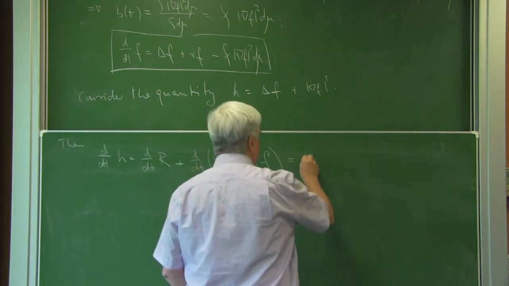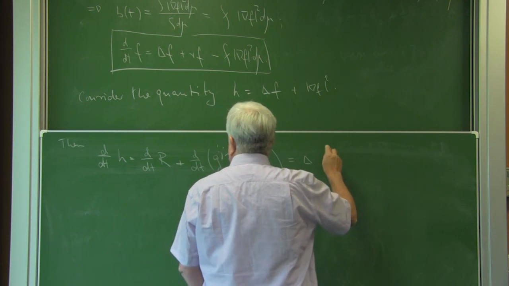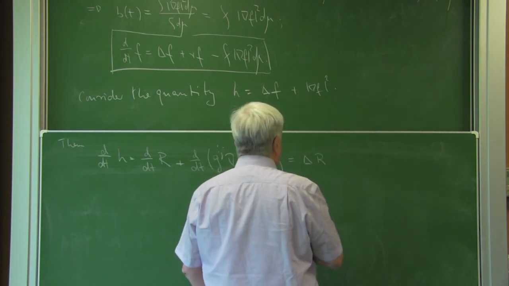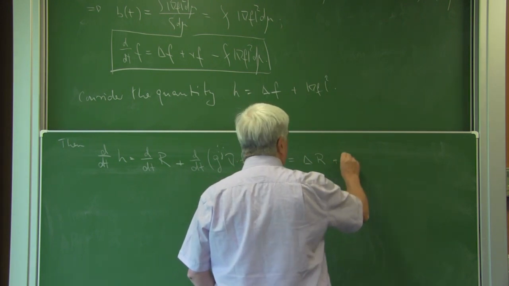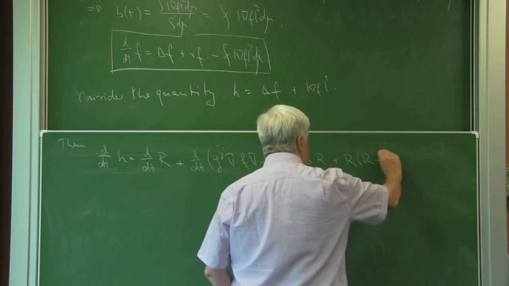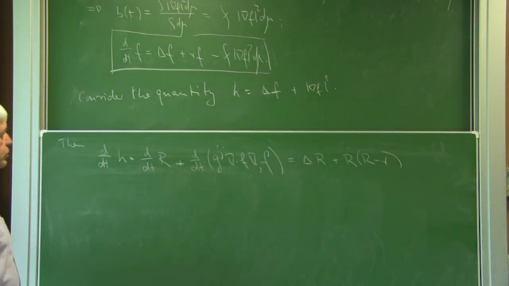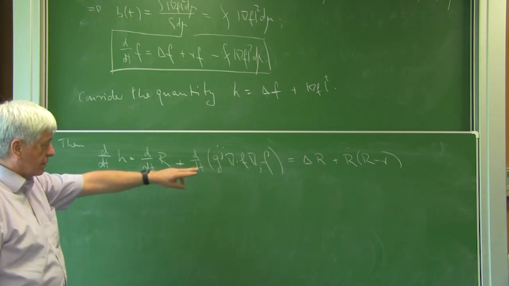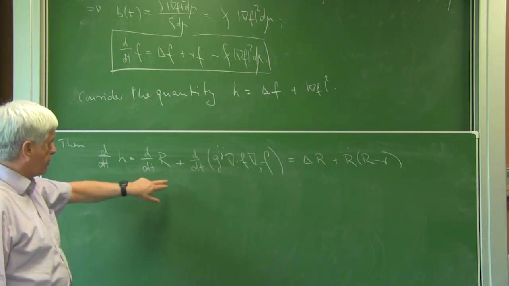So here we write this is the Laplacian of R plus R times (R minus r), right? This was our evolution equation from here, which we formulate in terms of h in a moment.